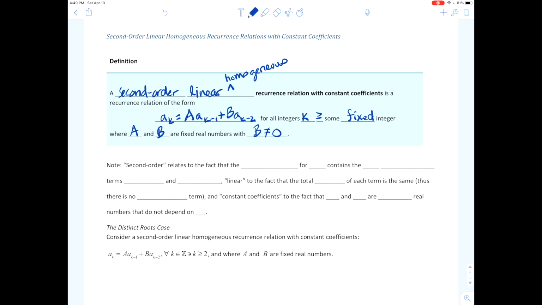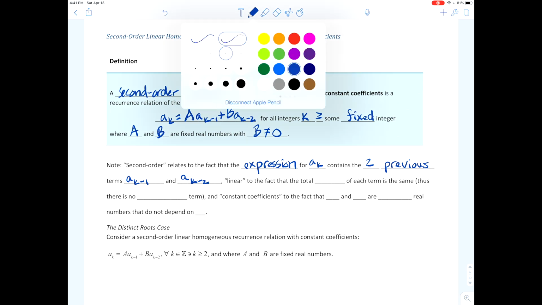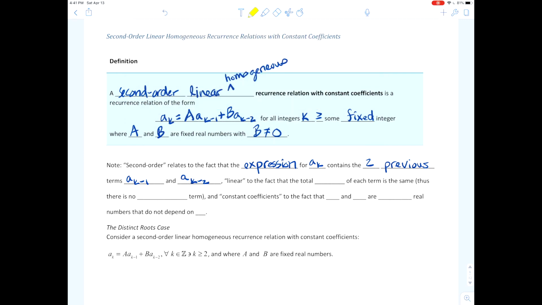So note that second order relates to the fact that the expression for a sub k contains the two previous terms, a sub k minus 1 and a sub k minus 2. So the fact that we've got this term and this term makes it second order, okay?